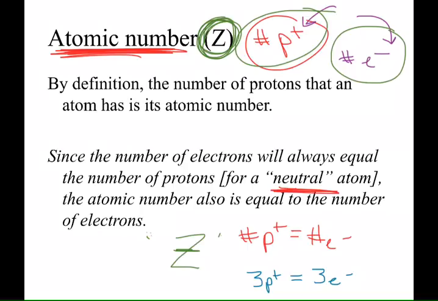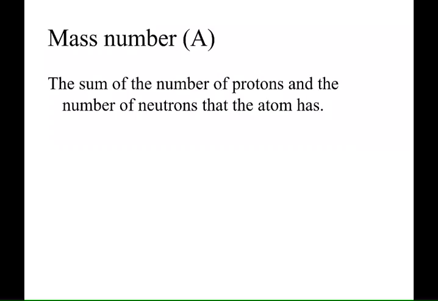Now here's another thing I need to talk about, an important sort of bean counting that we do in chemistry. Sometimes in physics they call them nucleons, but we count the protons and the neutrons in the nucleus and add them together, and that gives you the mass number.